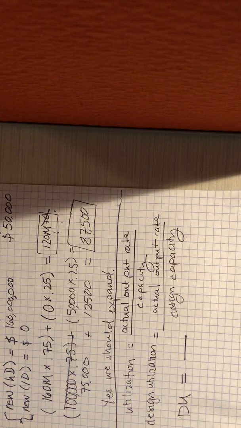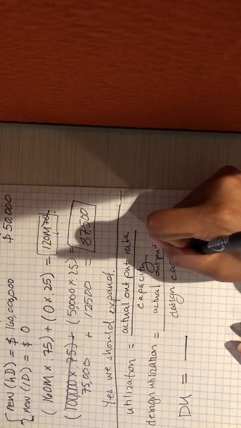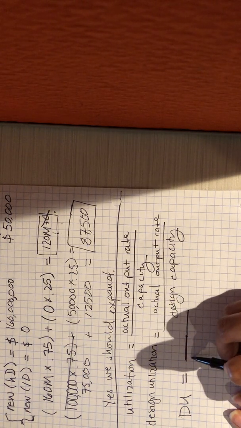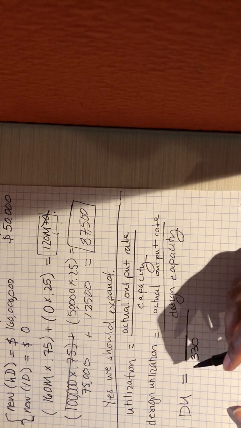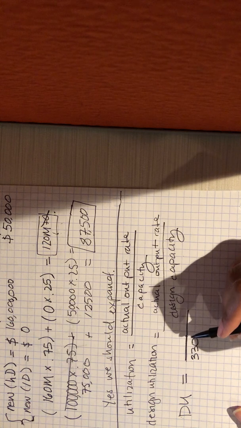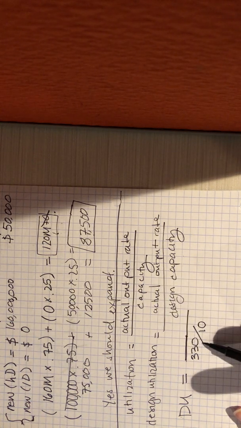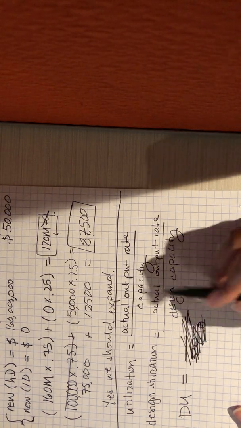But our design capacity is given to us for 1 hour. So we need to do a little bit of math here before solving this question. So if our design utilization, we could actually plug it right into the formula. So our design capacity is 330 seniors for 10 hours. So we can go ahead and divide that by 10. And this is our design, oh no, sorry, I messed up. All right, let's try that again.